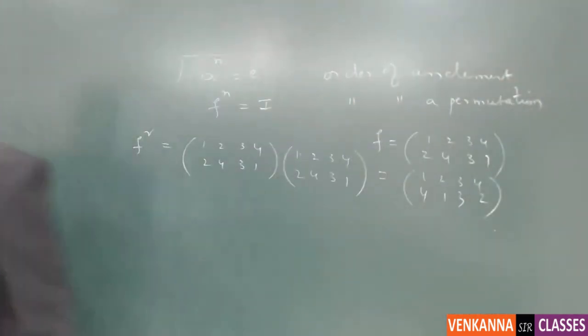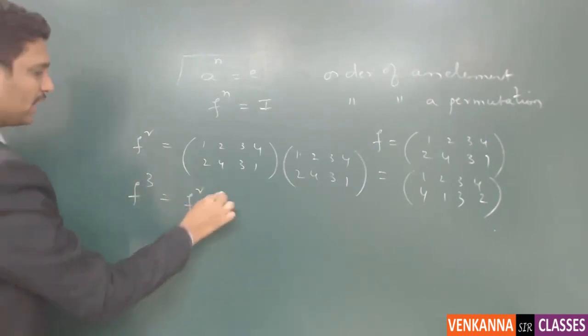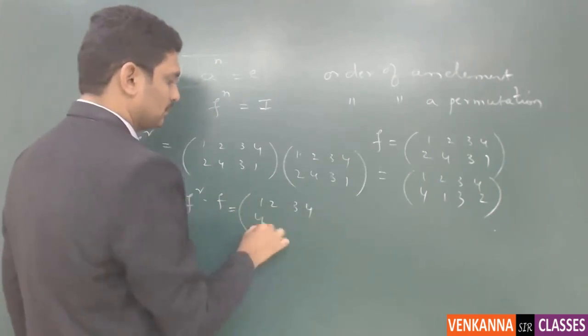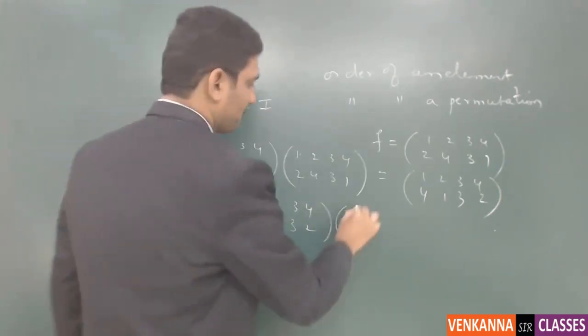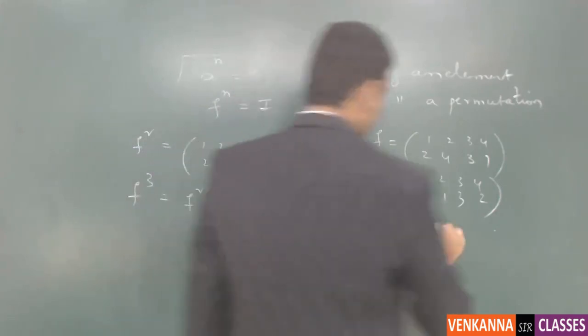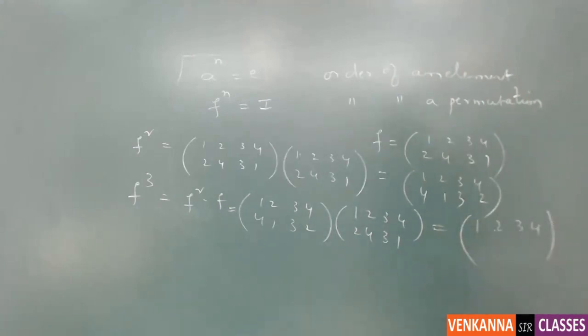Again you go for f cube. f square dot f. So 1, 2, 2, 1, 2, 4, 4, 2, 3, 3, 3, 3, and this is 4.